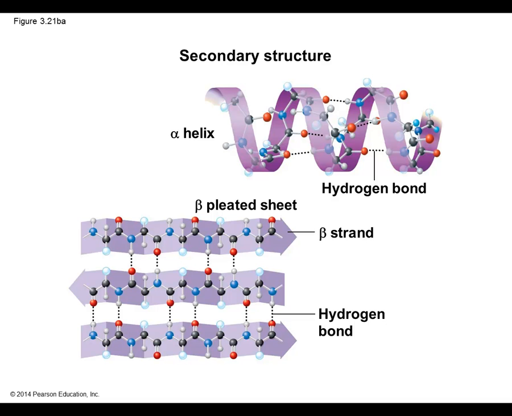Secondary structure you'll find in most proteins. There are two types: an alpha helical coil, the alpha helix, and a folded beta pleated sheet.